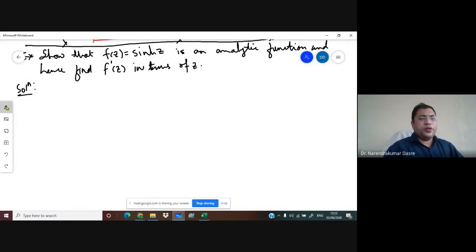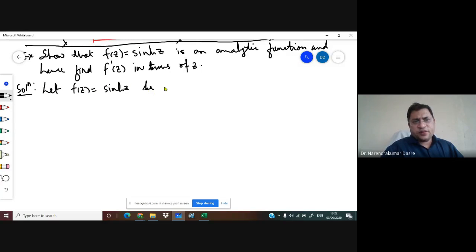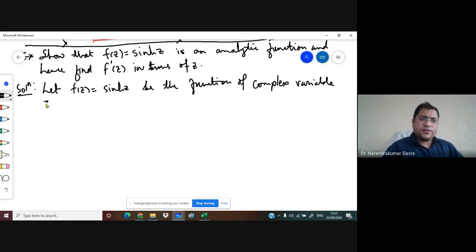Now here, let f of z is equal to sine hyperbolic z be the function of complex variable z. We want to find the real and imaginary parts, so we have to separate them, and hence we put z is equal to x plus iy.